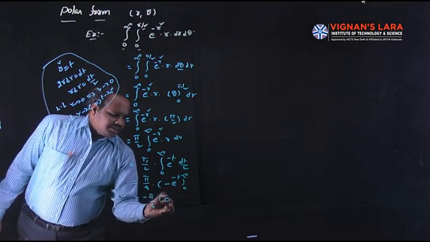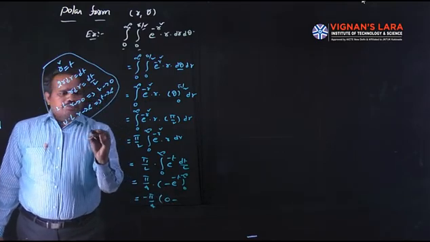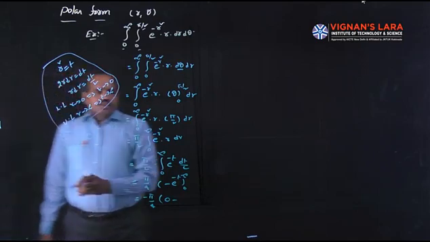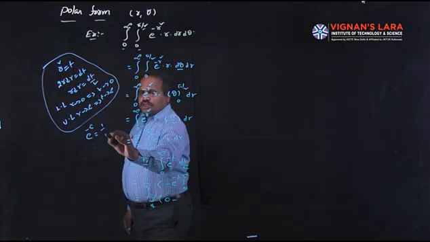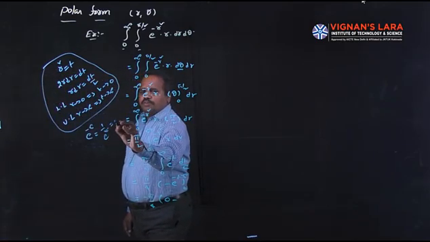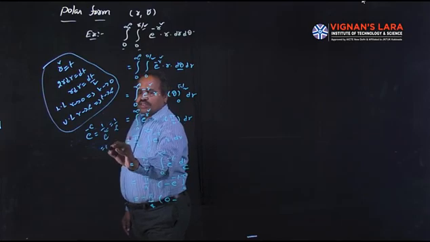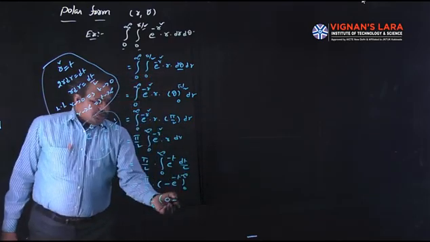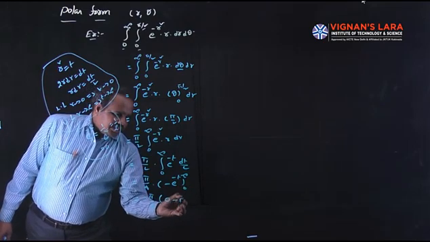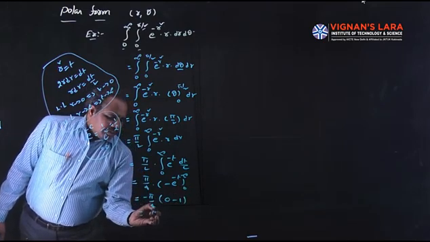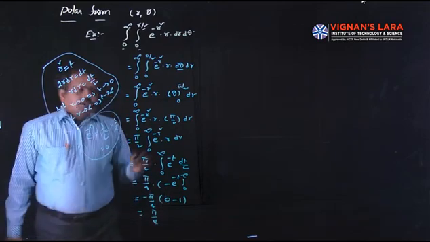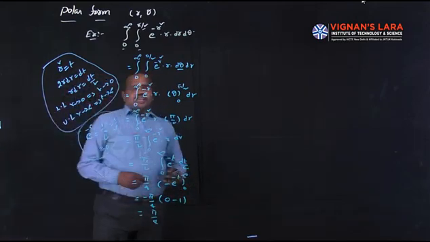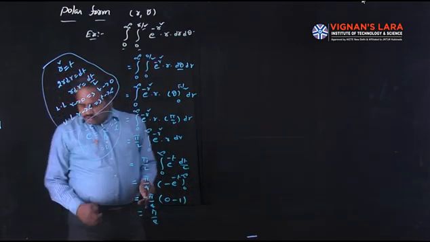E power minus infinity is 1 by e power infinity, which means 1 by infinity, value is 0. So e power minus infinity is 0, minus the lower limit e power 0 value is 1, minus of minus plus. So the value of this one is pi by 4. Like this we calculate the double integral if both limits are constants.